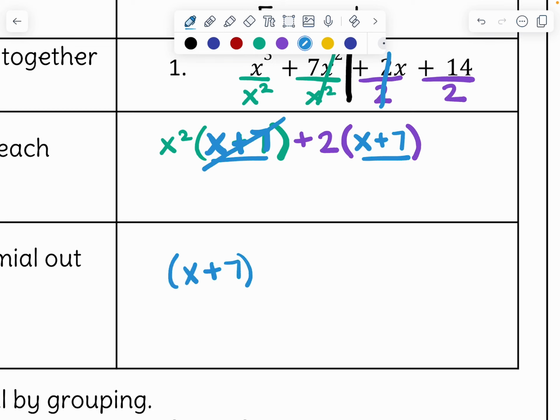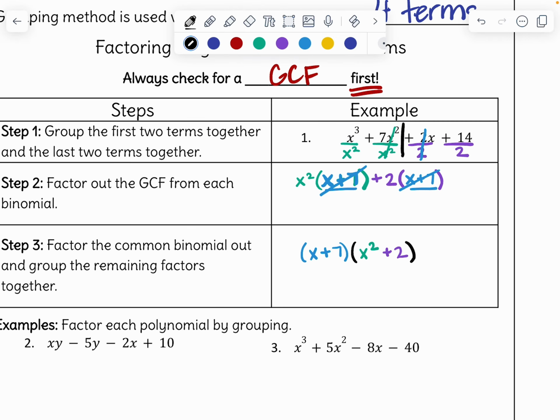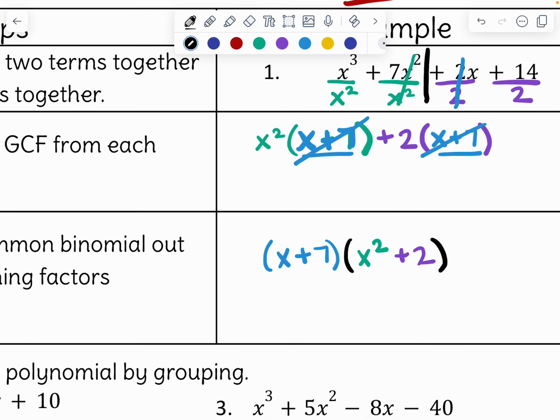And I just like to cross it out up here to be able to see clearly what is left. And what is left goes in the second set of parentheses, x squared plus 2. So now I have factored this polynomial into 2 binomials.